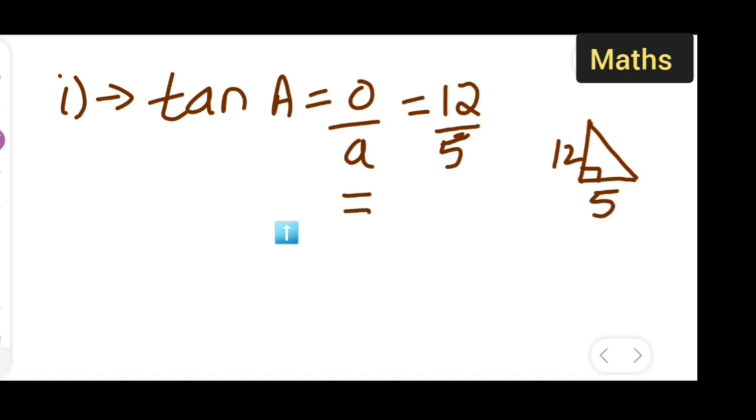If you divide it, 5 ones are 5, 5 twos are 10, and then 2 will remain, and you will get approximately 2.4, right? So this 2.4 is greater than 1.